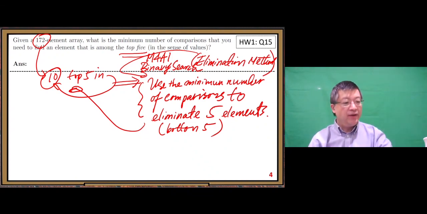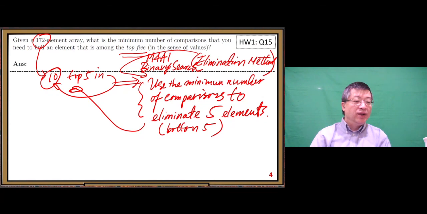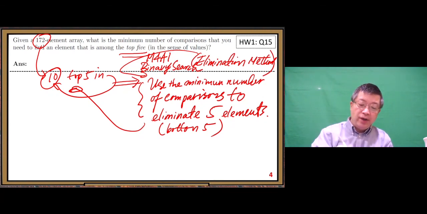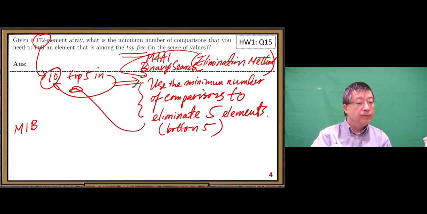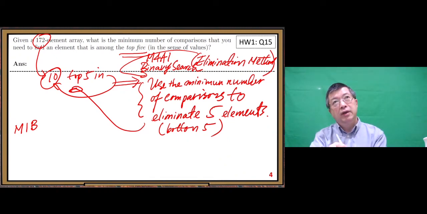Here I give you another reference. Go to module 1, part B, B.3 or 4.